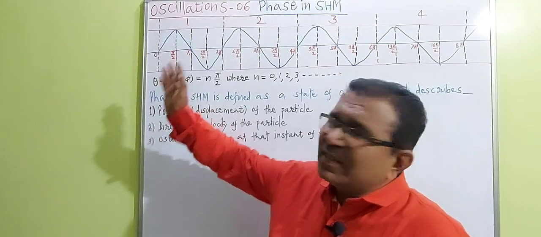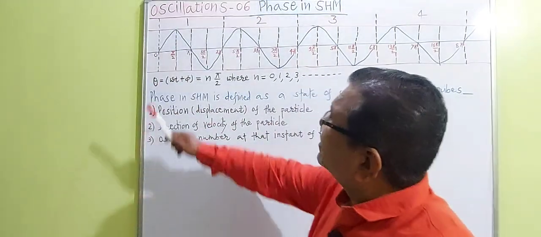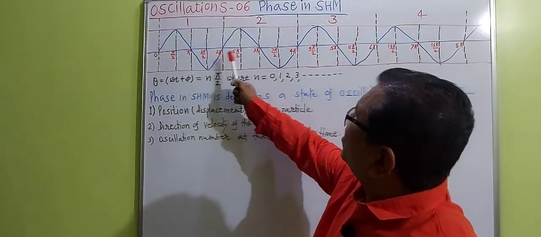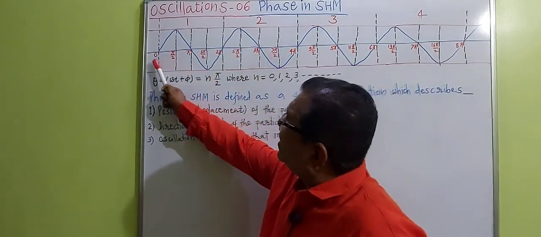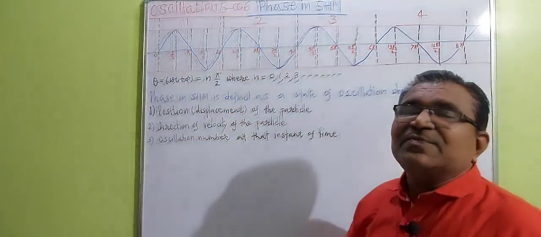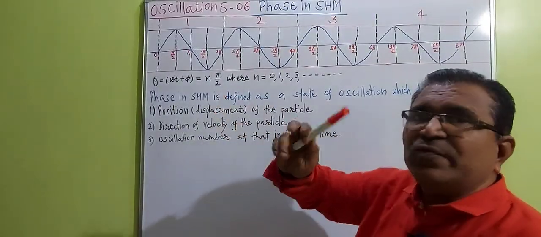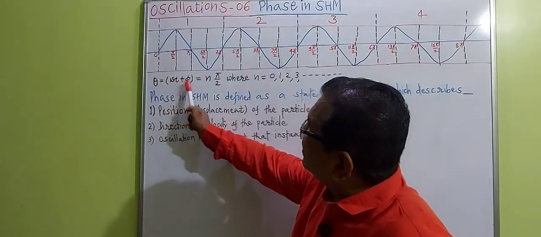So let us observe the graphical representation. See here, this is 0, this is pi by 2, pi, 3 pi by 2, 2 pi, 5 pi by 2, 3 pi, like this. How can we remember these phase angles? For that purpose, I will give you one idea: theta is equal to omega t plus phi.